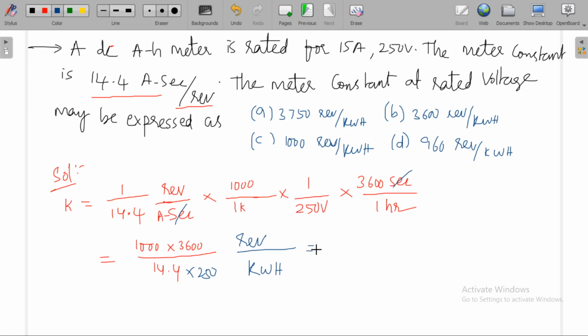Then you are going to get 1000 into 3600 by 14.4 into 250, which is 1000 revolutions per kilowatt hour.